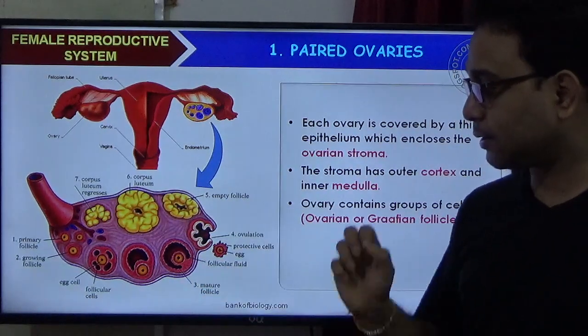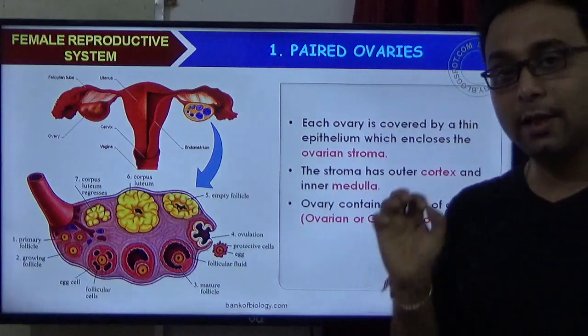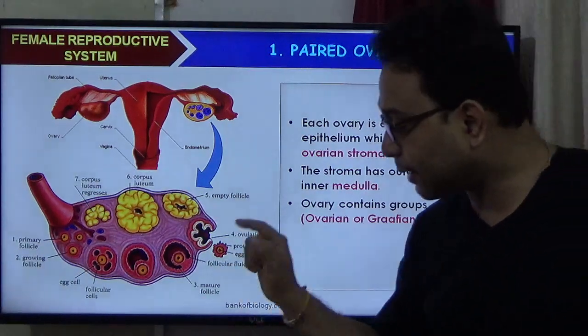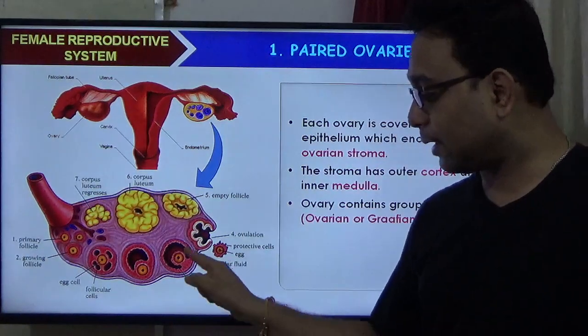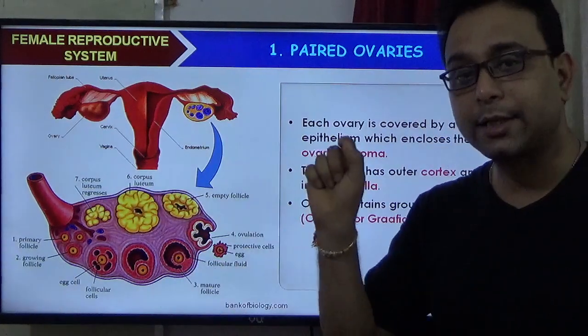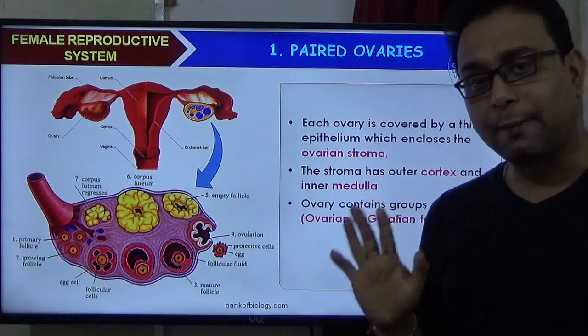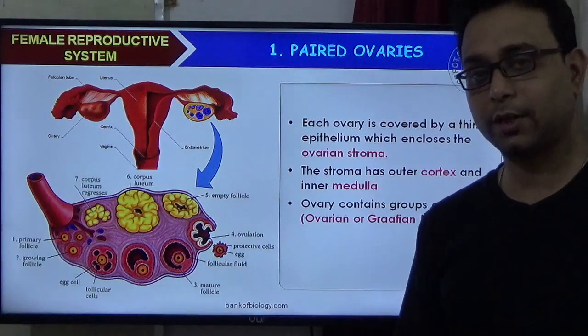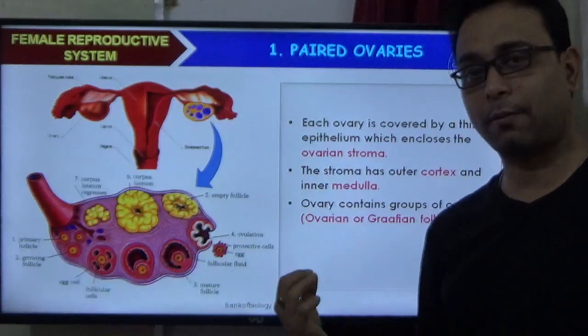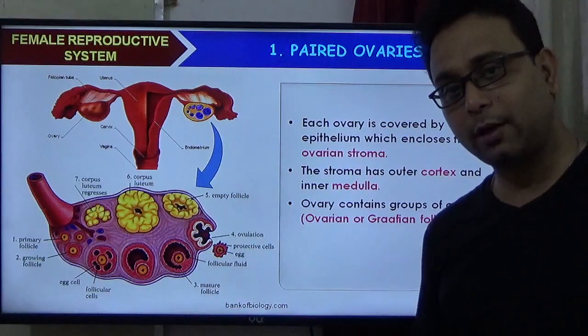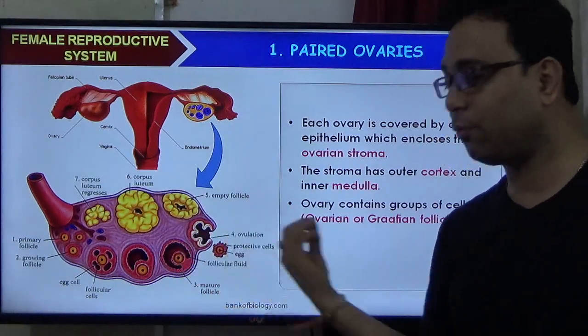Graafian follicle means they are in a maturing state. In the Graafian follicle, the egg cells mature at that particular stage. After maturation, egg cells are released from the Graafian follicle, and from the ovary.